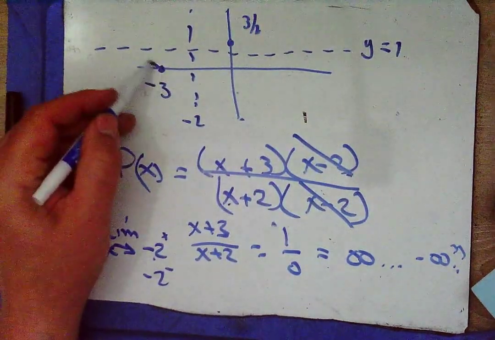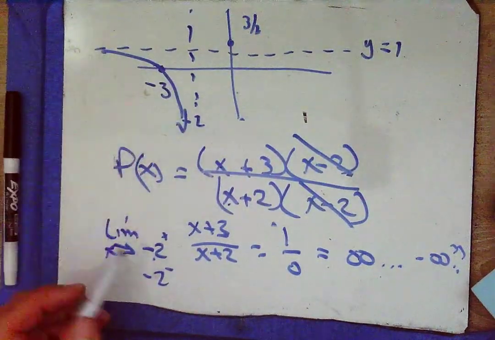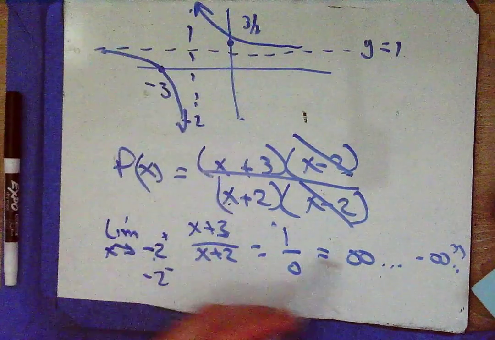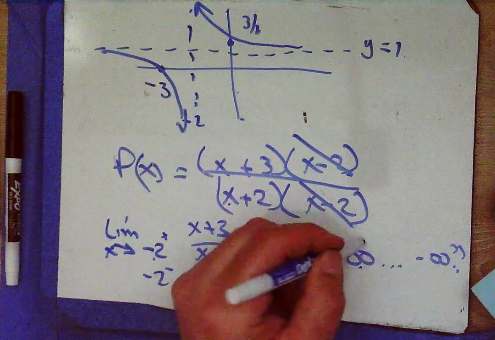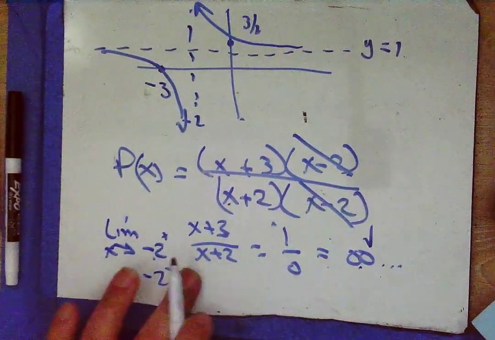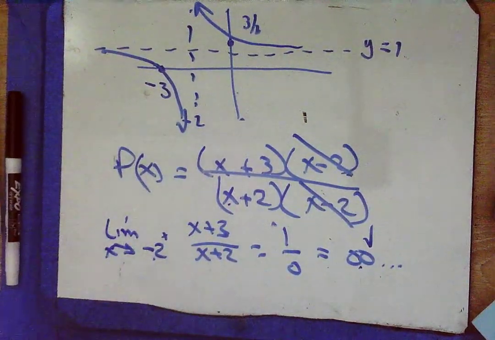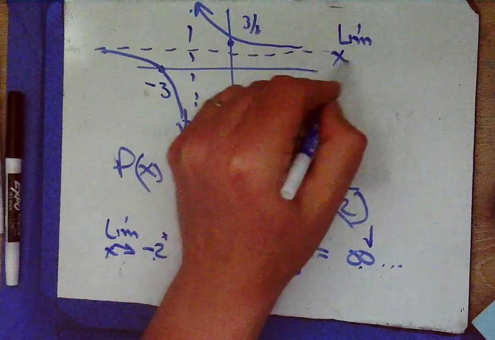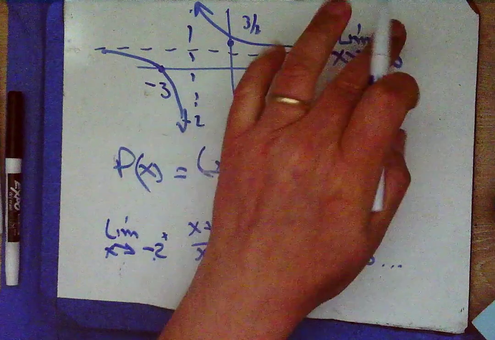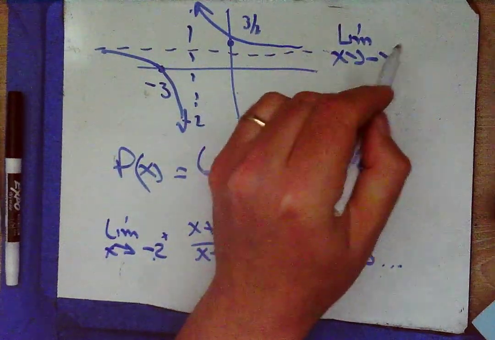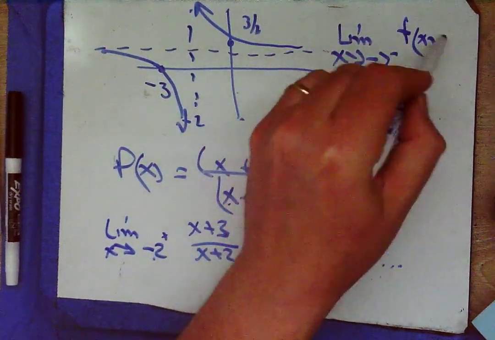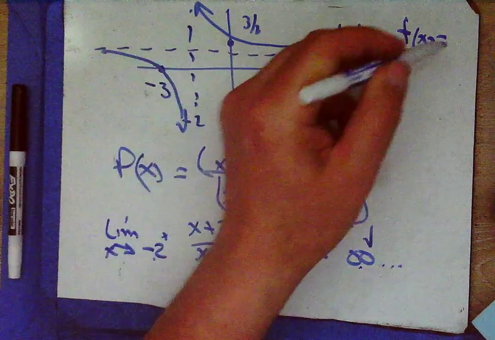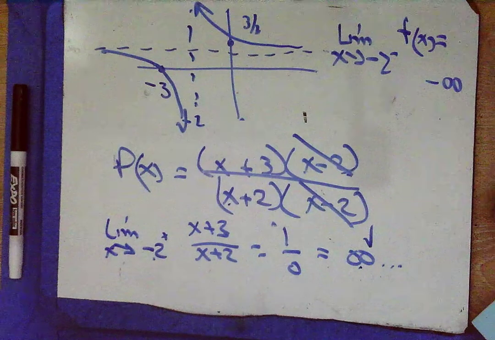So what do I know? As x approaches -2 from the positive side, I am headed to infinity. And if I'm considering instead the limit as x heads to -2 from the negative side, that limit is negative infinity.